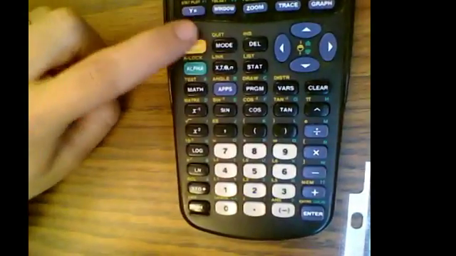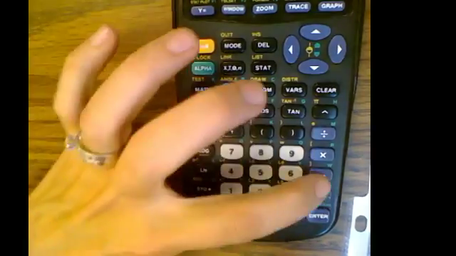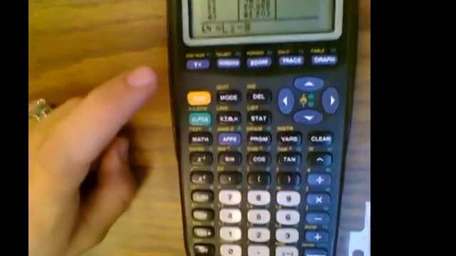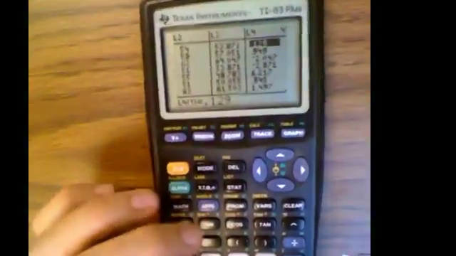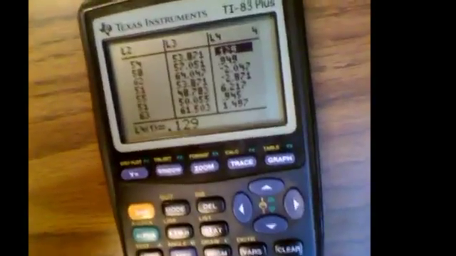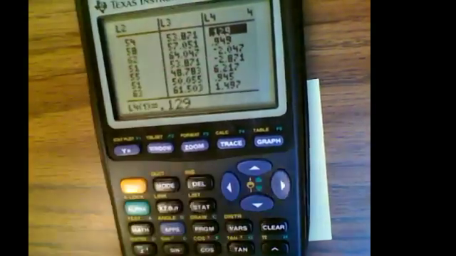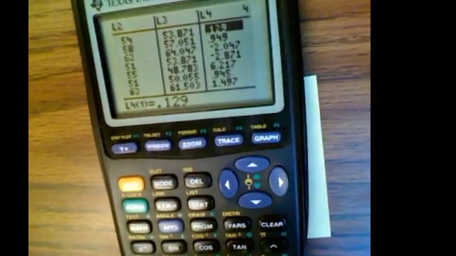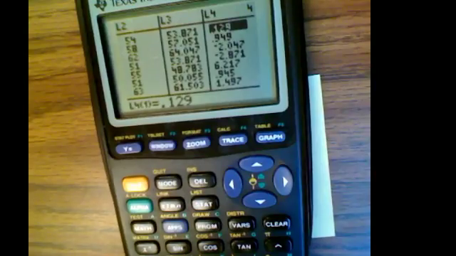So I'm going to do second 2, minus my predicted, which were in L3, so second 3, and then I hit enter. You will notice that my L4 here, those are my residuals. Those are the vertical distances from the data point to the prediction line.